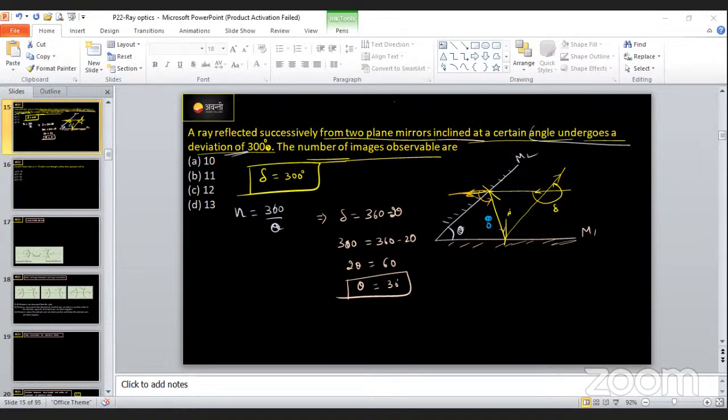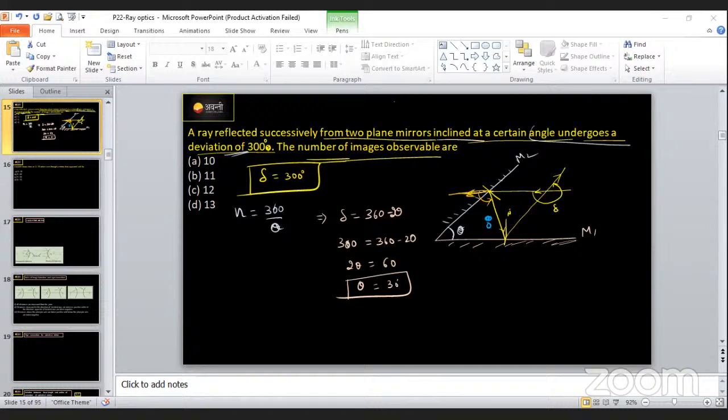Now we need to find the number of images formed between these two mirrors for this object. Now 360 by theta. Actually, I told you this object is at symmetry, which means we first calculate this value. 360 by theta, with theta 30 degrees. The zeros cancel, 3 ones are 3, 3 twelves are 36, so 12 comes.